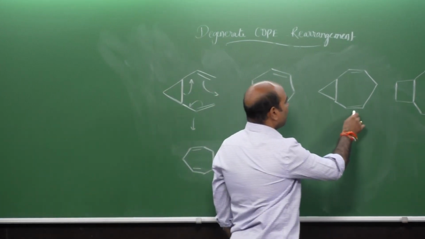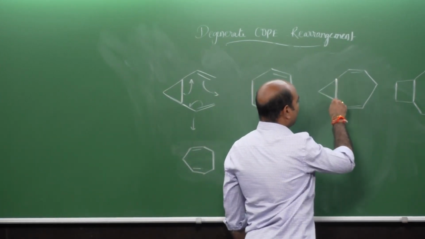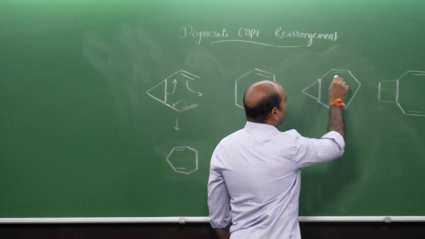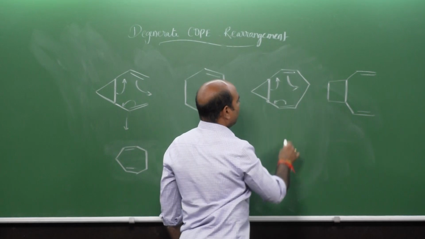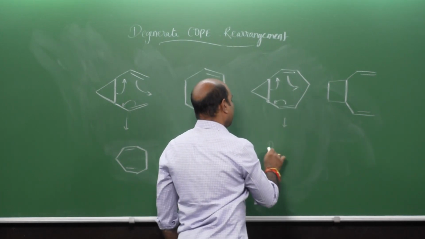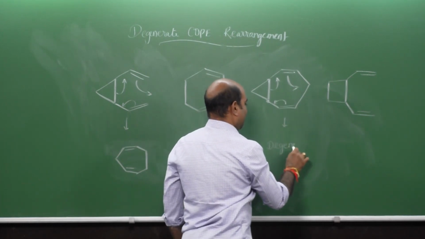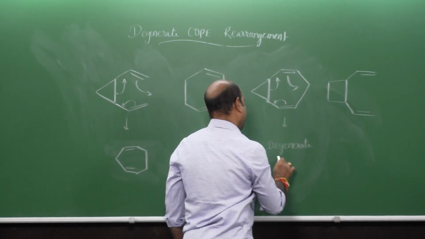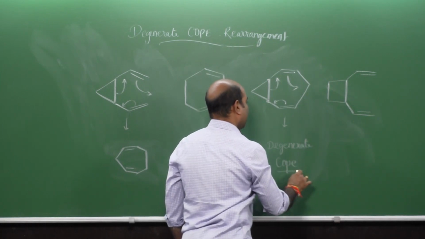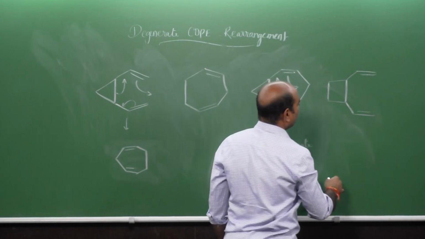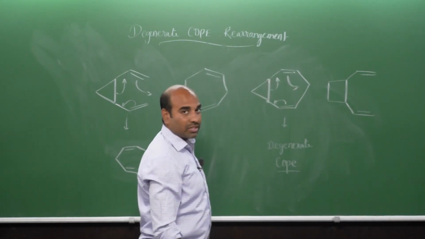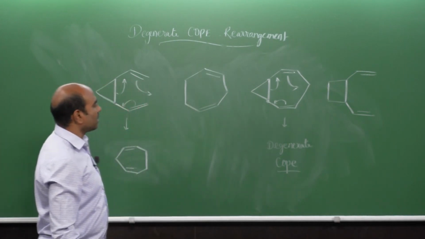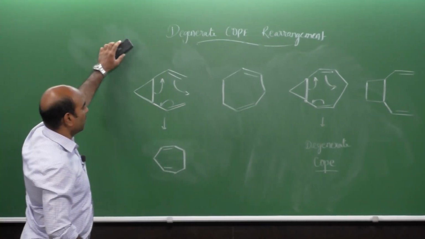So, this is the only molecule where this particular sigma bond can give you the degenerate Cope rearrangement. Okay. So, this again cannot give the degenerate Cope rearrangement, it gives an 8-membered ring structure. So, that is the thing with the degenerate Cope rearrangement.